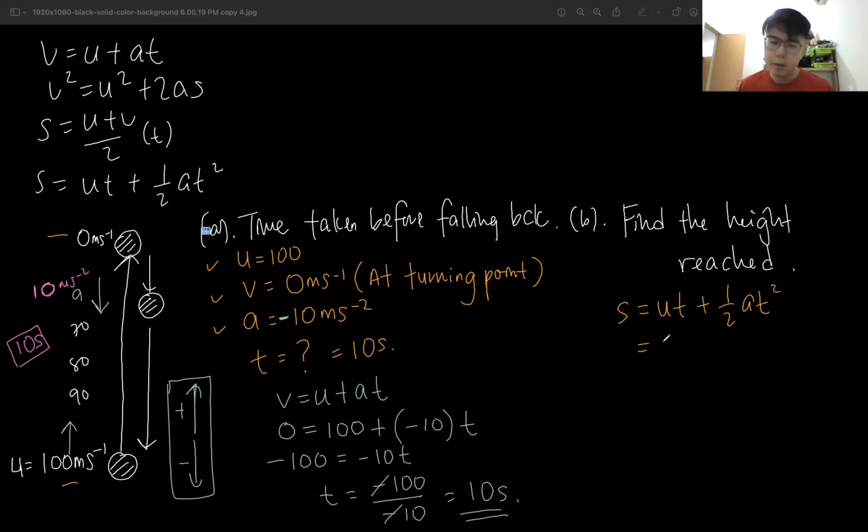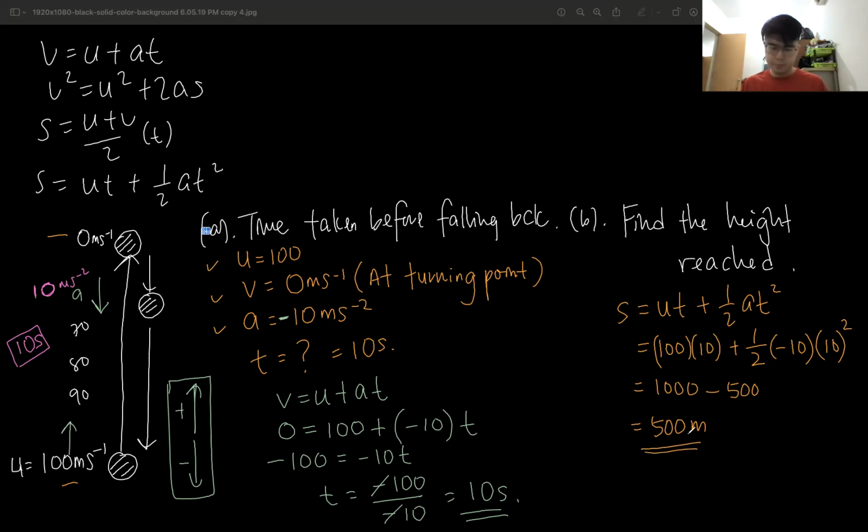Equals to 100 times 10 plus half acceleration 减10, 然后是 square, 1000。所以是100乘减10除2减500, 500 meter. Okay, so the height is 500 meter.